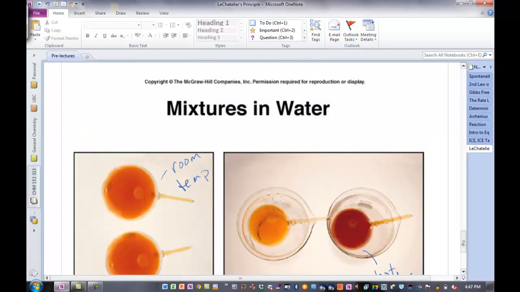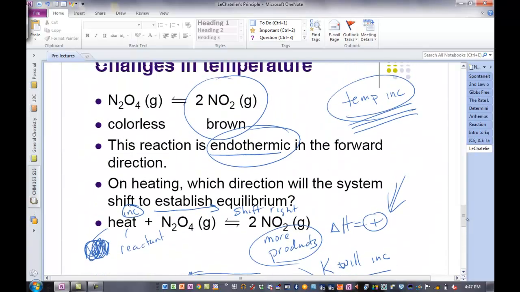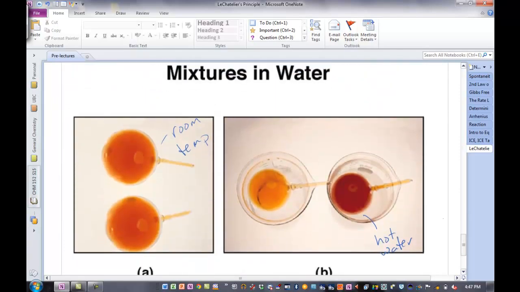So we just said, let's scroll back up, endothermic, add heat, increase the temperature, it's going to shift to the right, producing more product, which is brown. So this is the hot water, and what do you see? This shifted right, toward product. We made more NO2, which is brown.